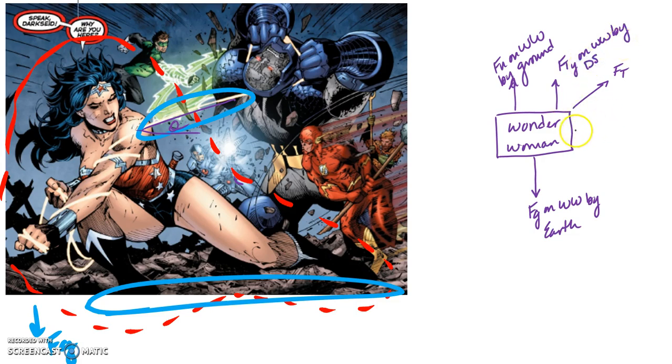And then it's also pointing to the right, so there's got to be a right piece. So force of tension in the X-plane on Wonder Woman by Darkseid. And then once I've done that, I can effectively eliminate this force. It's been replaced by the other two forces.